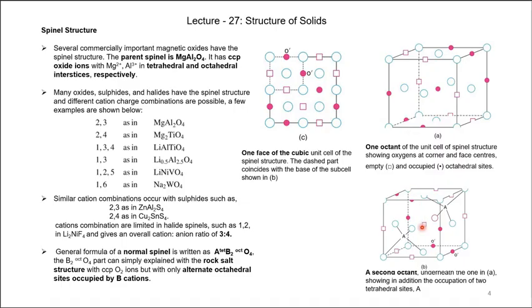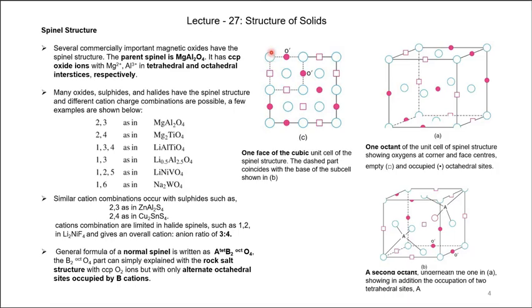To describe it more clearly, visibly, we have taken this figure here. And the next figure B is a second octant, just underneath the octant we are discussing in A, where we show the tetrahedral sites. Here are the tetrahedral sites, and this is the tetrahedral sites of it. If we talk about one face of the cubic unit cell, then it shows like this, if we draw it on plain paper.